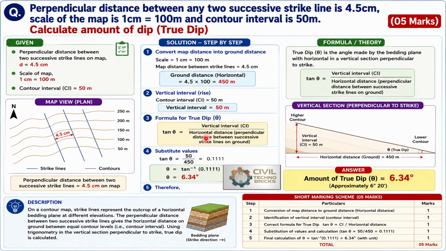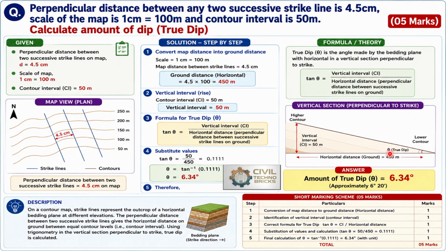Here the vertical interval is 50 and the total horizontal distance is 450 meter. Likewise we get tan theta equal to 0.11. So we take the inverse, theta is equal to tan inverse, and we get 6.34 degrees. This is the actual true dip.